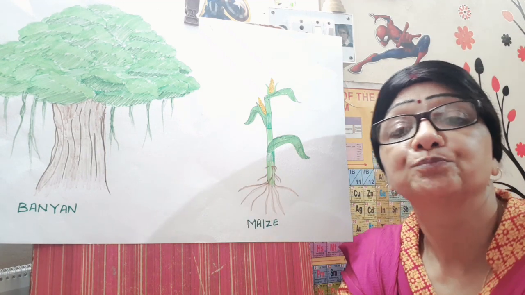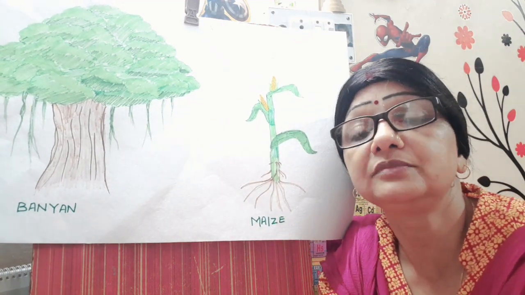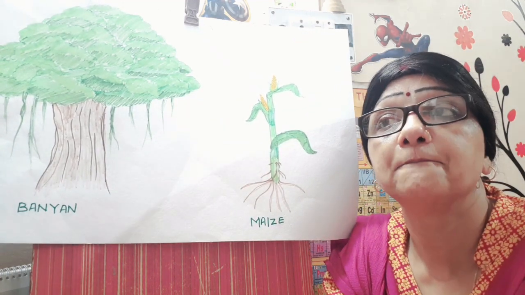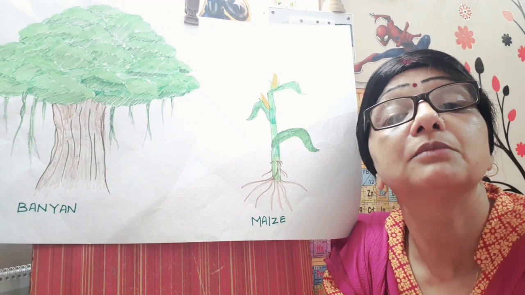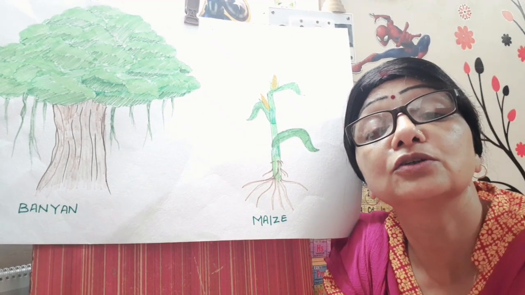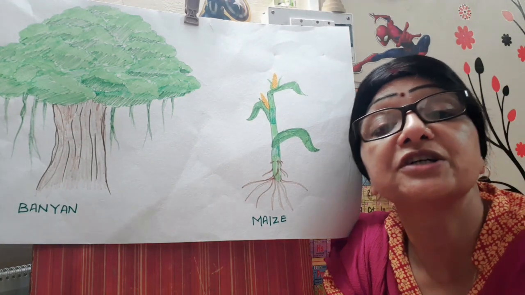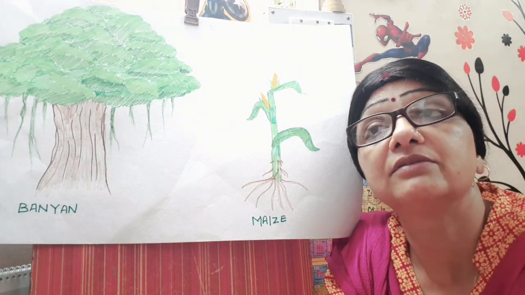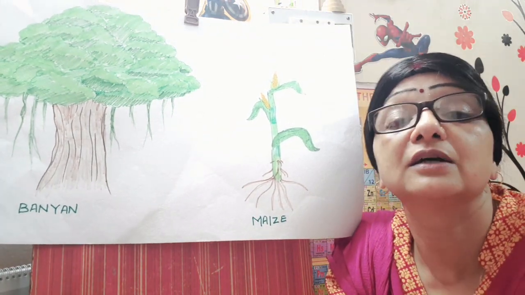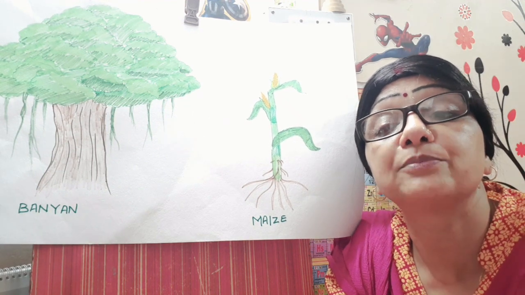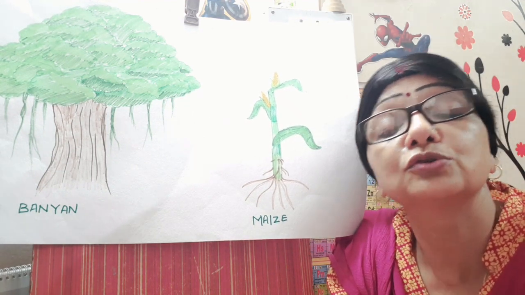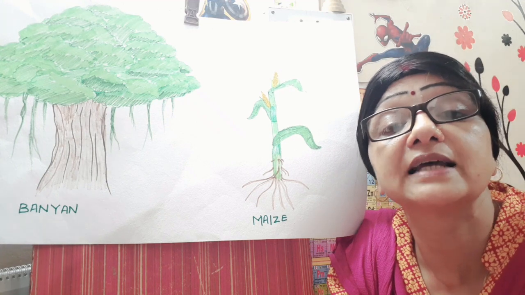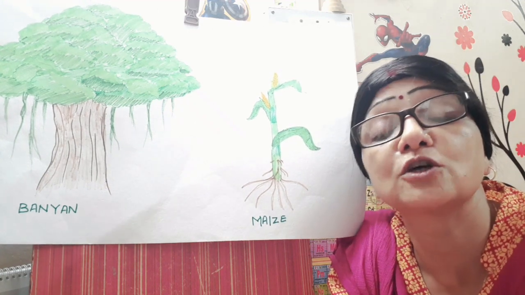Okay, so for this lesson we have learnt mainly about the roots, the main function of roots and the special function of roots. Children, we have learned the types of roots, those are fibrous root and taproot. Fibrous roots are those root systems in which many roots arise at the same time from the base of the plant.